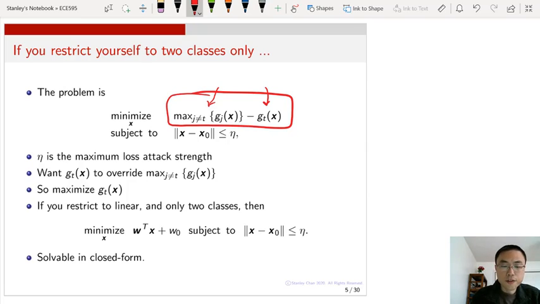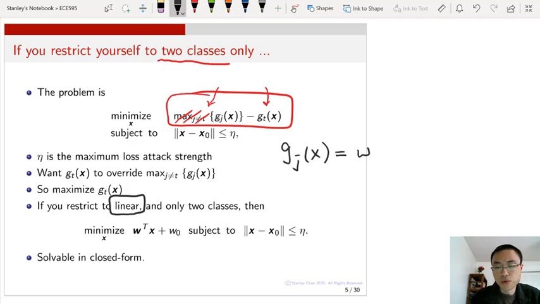In addition, if I only consider a two-class problem, then I do not really need to worry about this max anymore, because there are only two classes, either your target class or your input class. Furthermore, if I restrict myself to a linear model, then each g_j of x can be written as w transpose x plus w0 for different j's.